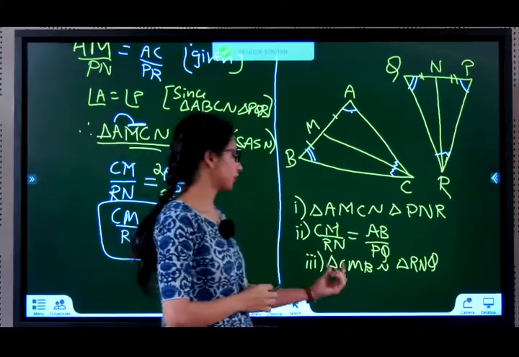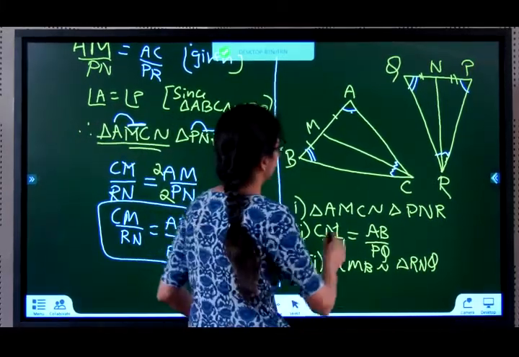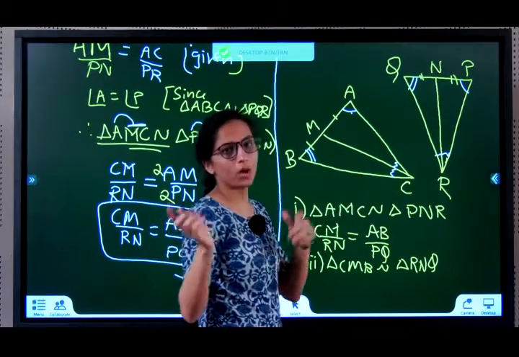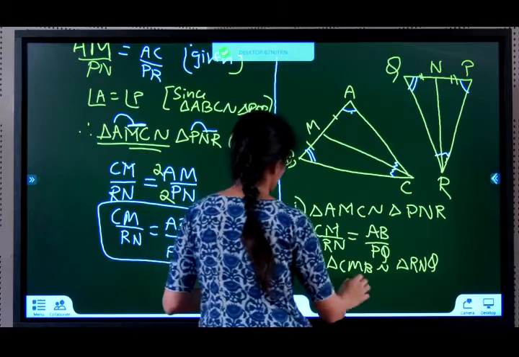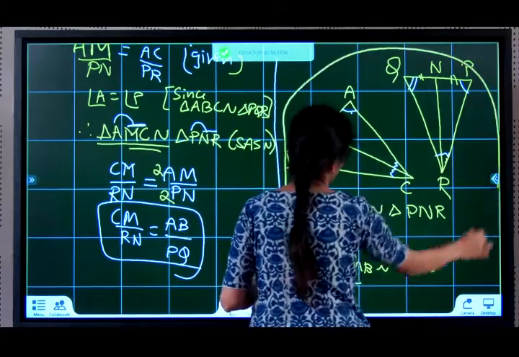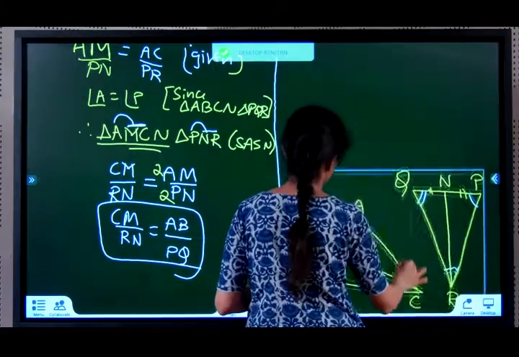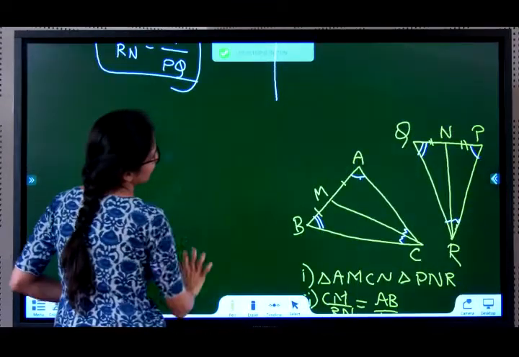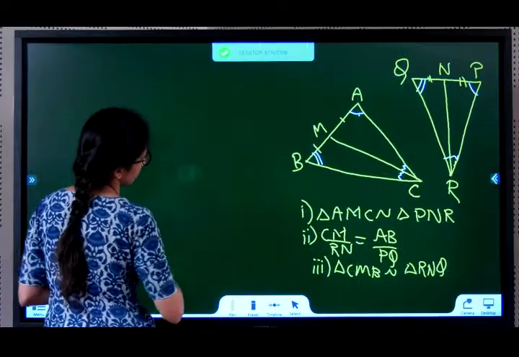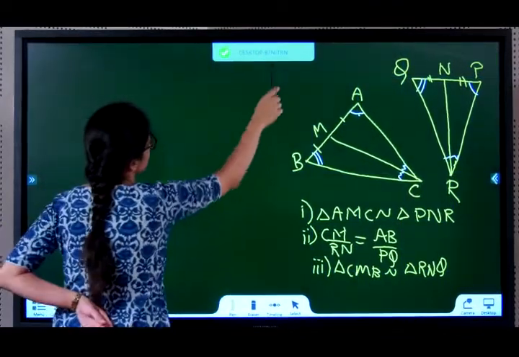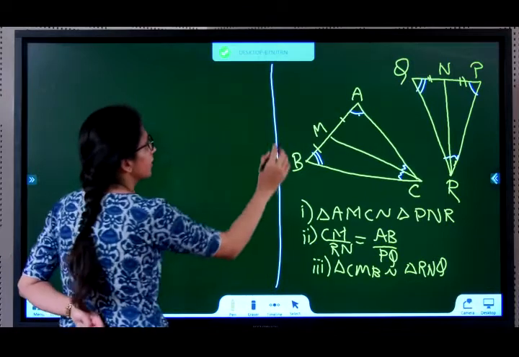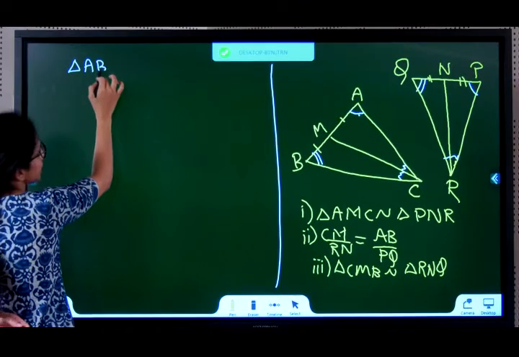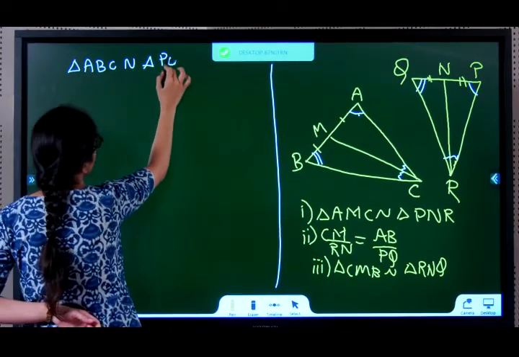Now, third condition, triangle CMB is similar to triangle RNQ. Same method as we did the first one, you will have to just wisely choose your sides, right? So, now while wisely choosing our sides, let us see how we do so. Now, look, we know that triangle ABC is similar to triangle PQR.